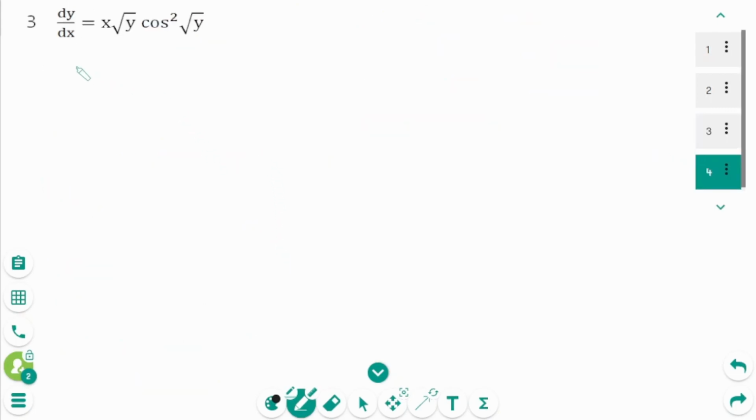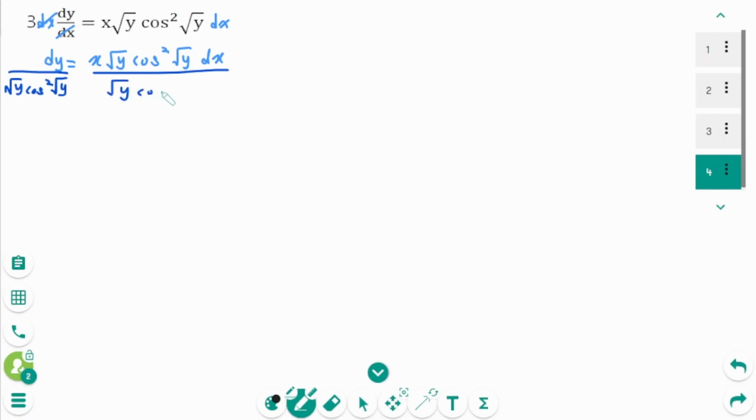This is the last one. Times dx on each side, then cancelled. dy equals x square root of y cosine squared square root of y dx. Then divide by square root of y cosine squared square root of y on each side. Then 1 over square root of y cosine squared square root of y dy equals x dx.